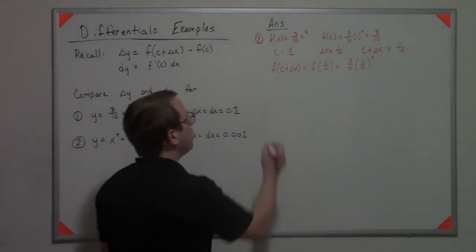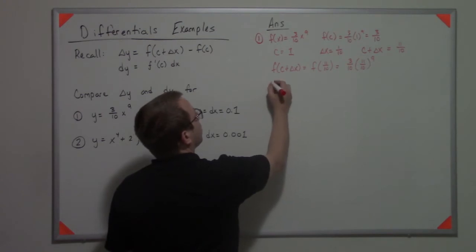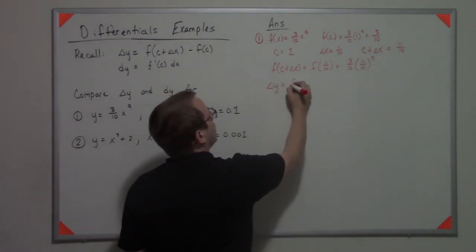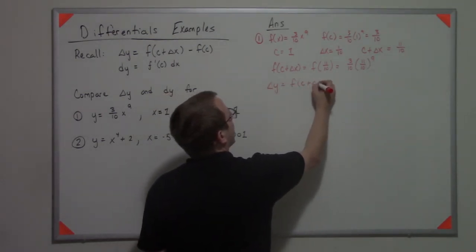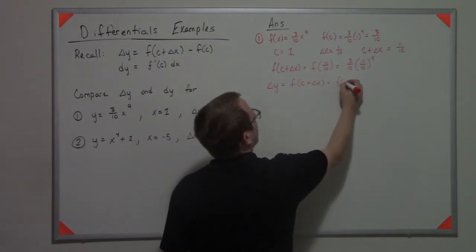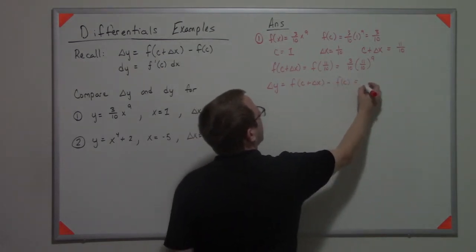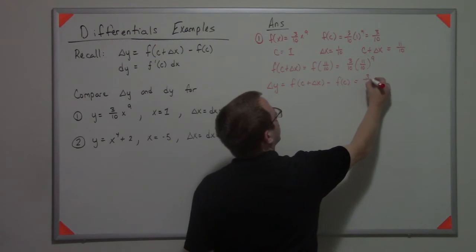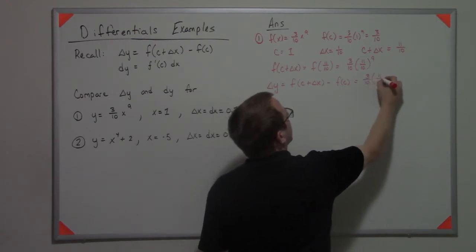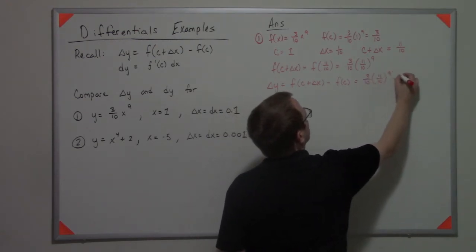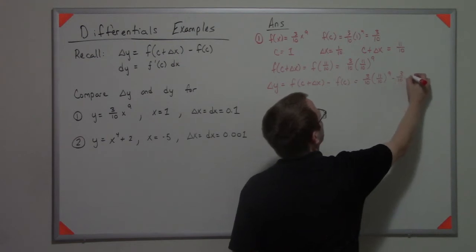Then delta y is f of c plus delta x minus f of c, which is 3/10 times 11/10 to the 9th minus 3/10.